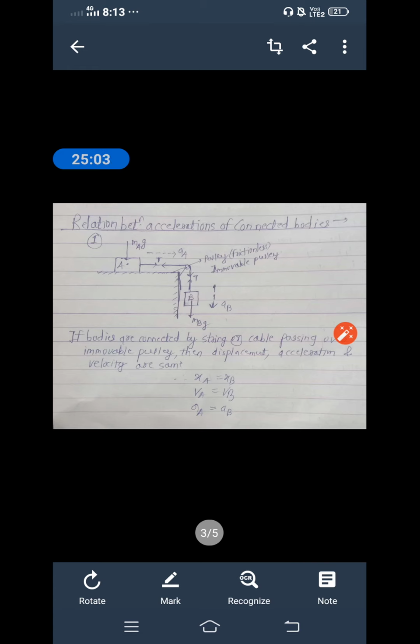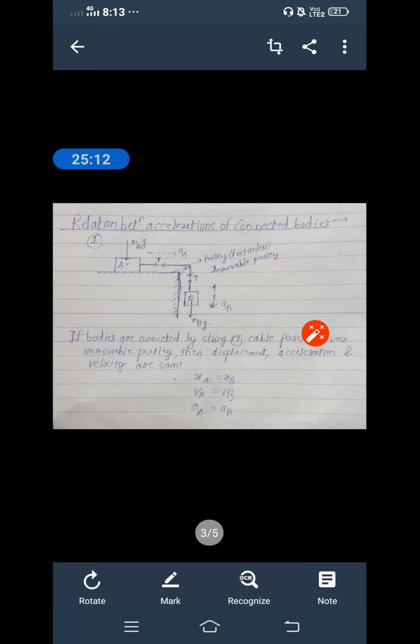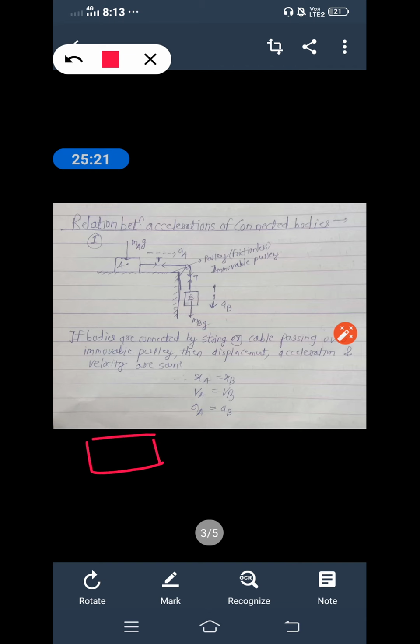Okay, now let us see the free body diagram of this figure. See the free body diagram of block number A. What is the free body diagram of block A, student? I think you know this free body diagram. Let us draw the free body diagram of A. Suppose this is block A. First, I already said the first step while drawing the free body diagram is to show the self weight of that block. So what is the self weight of that block?